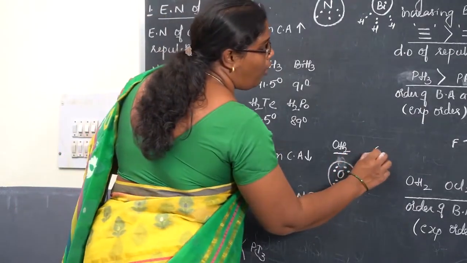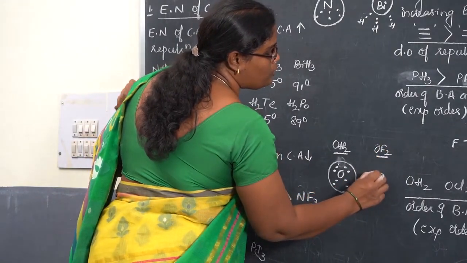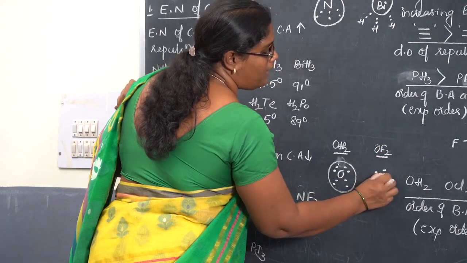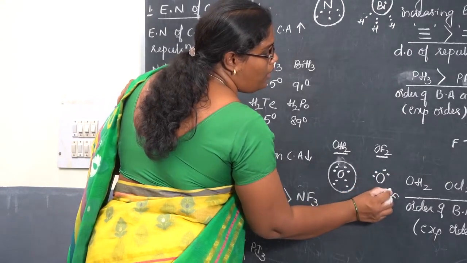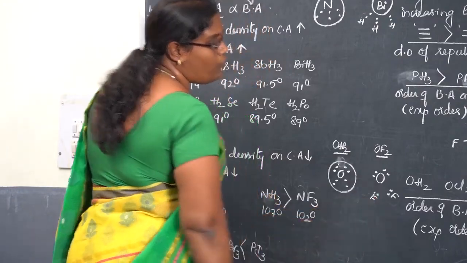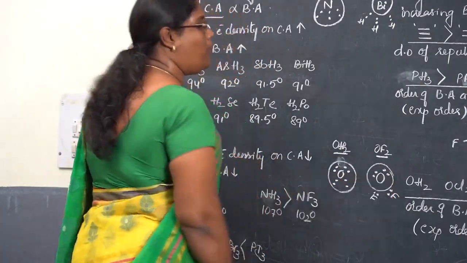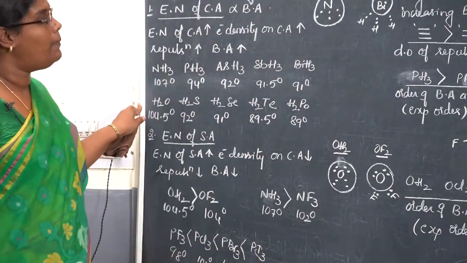And if you take oxygen difluoride, fluorine is more electronegative. Therefore, the bonded electron pair is concentrated more on fluorine. Oxygen has a greater amount of lone pair density.